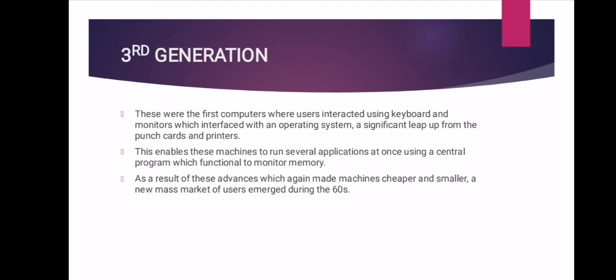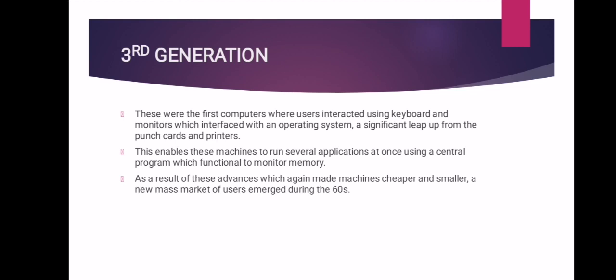Third generation. The computers of the third generation used integrated circuits in place of transistors. A single IC was used, which differs from the first and second generations by the fact that a new circuit like the IC was used.